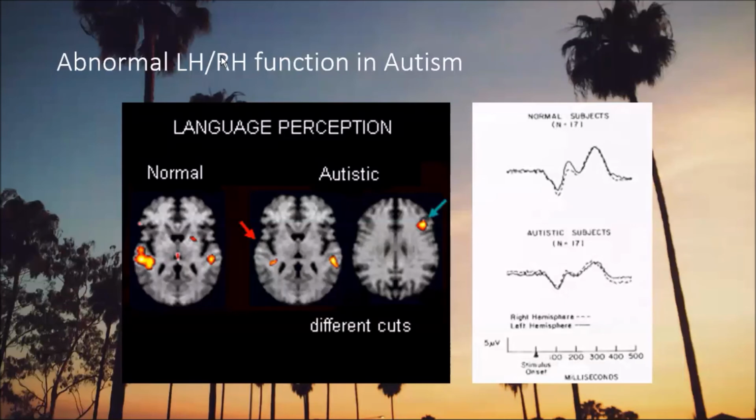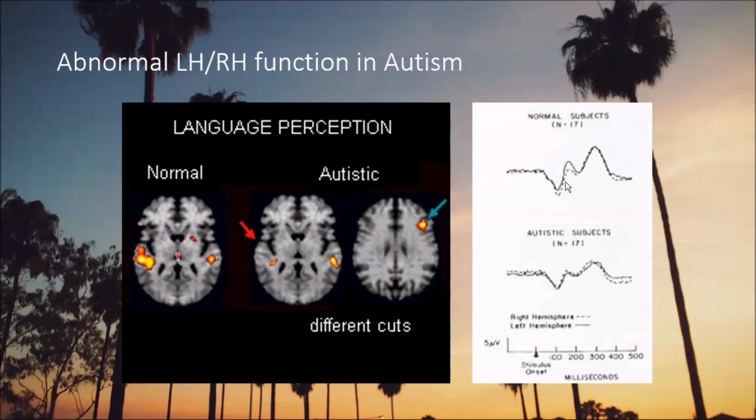Okay, did you see asymmetries in the hemispheres? Like, for instance, in language and autism, most of us will use our left hemisphere to do speech, and the right hemisphere in perception and listening. We'll have some on this right side and more on the left, because we're going to parse here and figure out the tones. The autistic are not using the proper brain parts in essence, and that makes the task much harder. You can see this is an fMRI. You can also see this is ERPs.